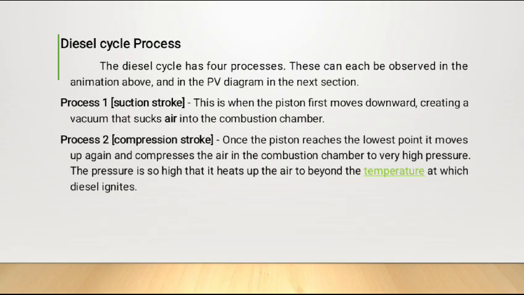Once the piston reaches the lowest point, it moves up again and compresses the air in the combustion chamber to very high pressure. The pressure is so high that it heats up the air beyond the temperature at which diesel ignites.